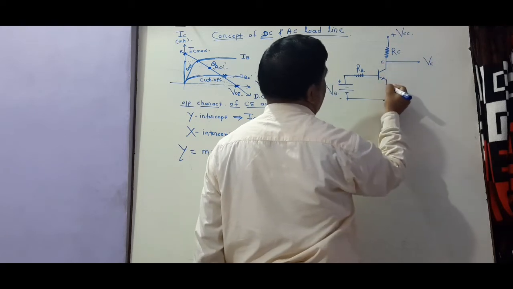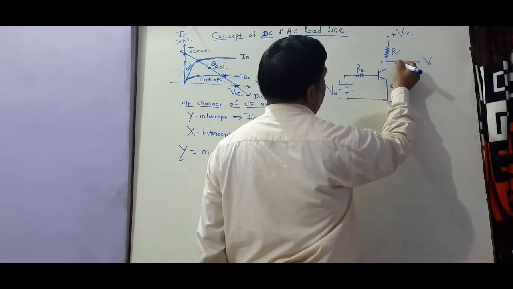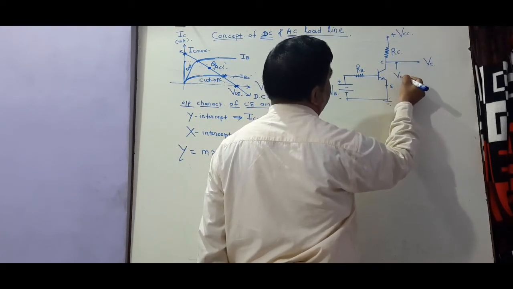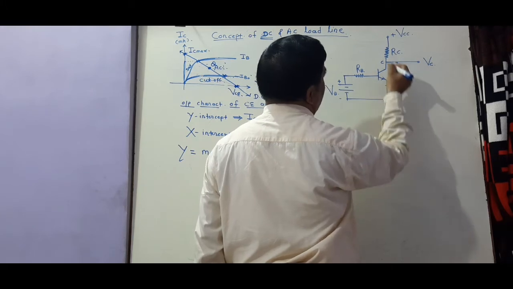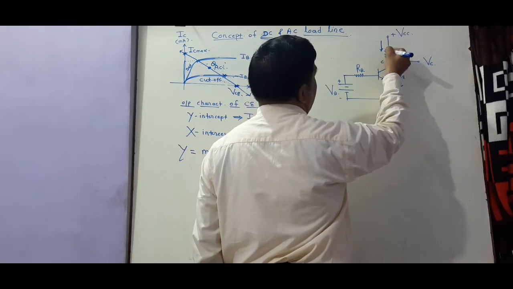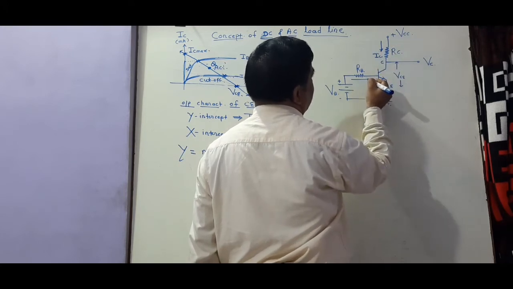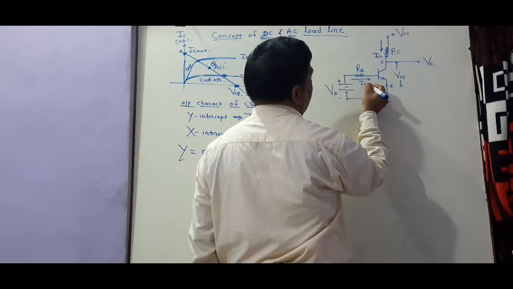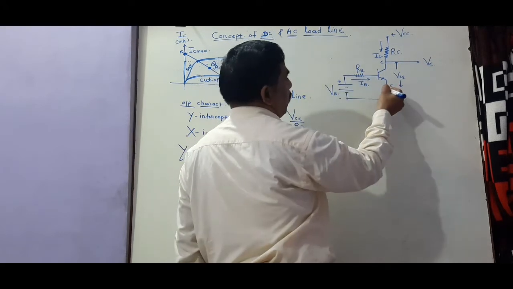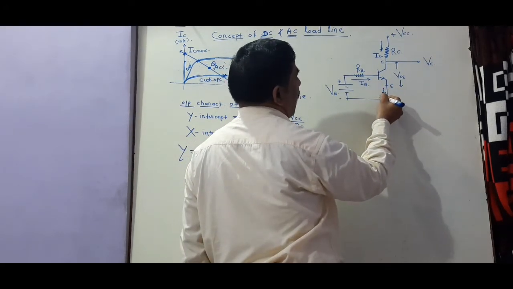This one is the collector terminal, and this is the emitter. The voltage between collector and emitter is called VCE. The current through the collector terminal is IC, entering. The current through the base terminal is IB, also entering. The current through the emitter is outgoing, through RE.